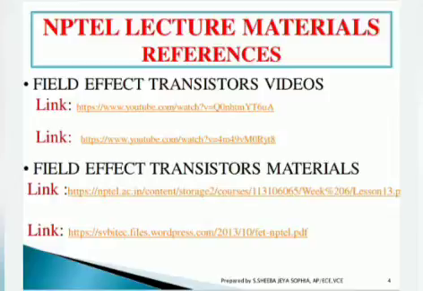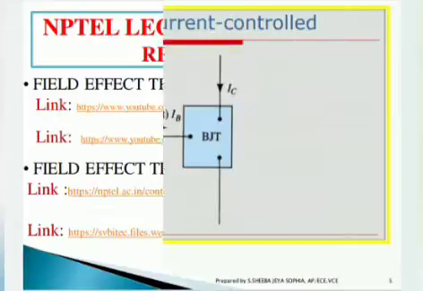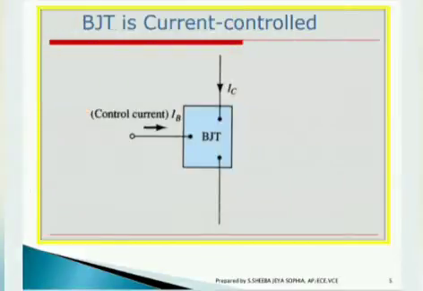Before getting into the topic of field effect transistor, in the last unit we have learned about BJT, that is bipolar junction transistors. What is the major difference between bipolar junction transistors and field effect transistors? BJT is a current control device.